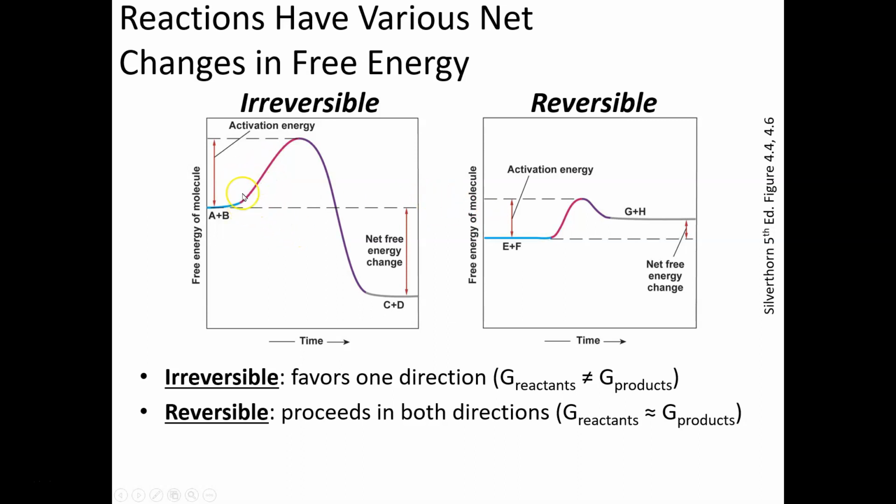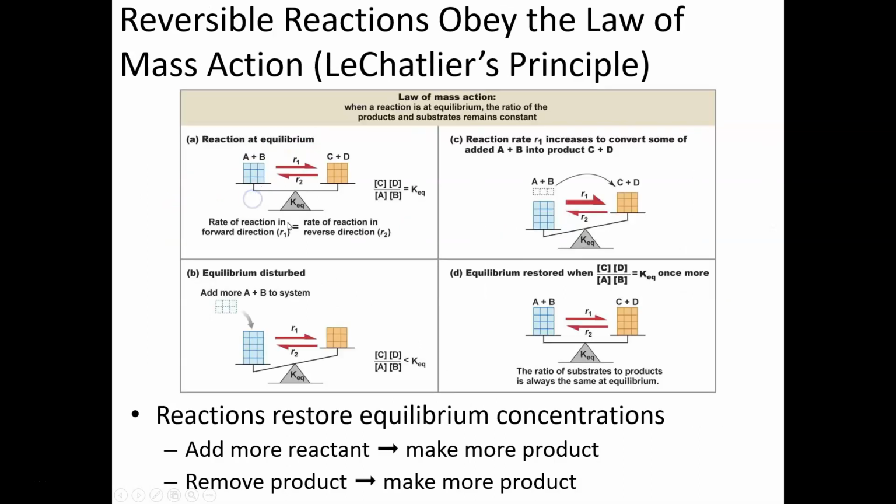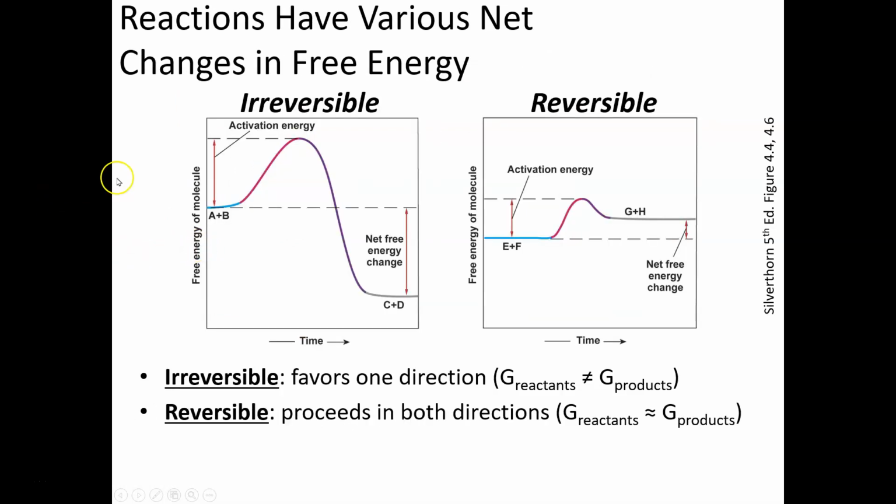So as an example, if you look at this graph, what we're trying to do is turn two things, A and B, into two other things, C and D. And if you look at this activation energy needed, it's a tremendous amount of, sorry, let me go back. It's a tremendous amount of energy to reach this transition state, and then go down to C and D.